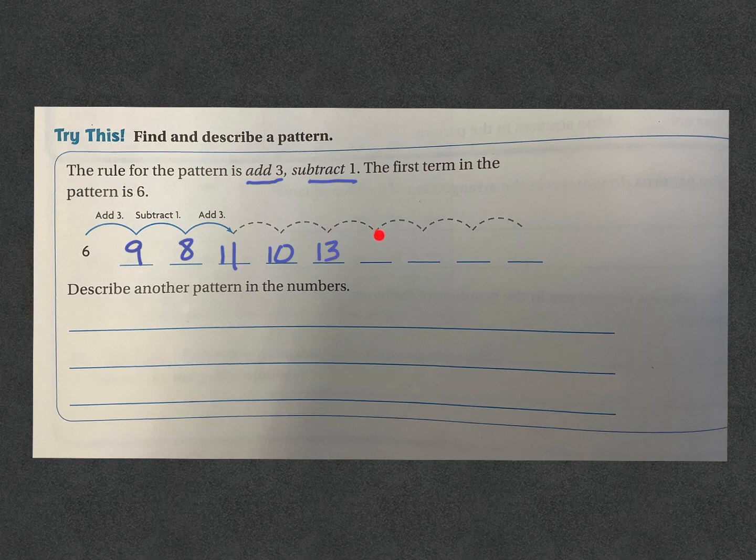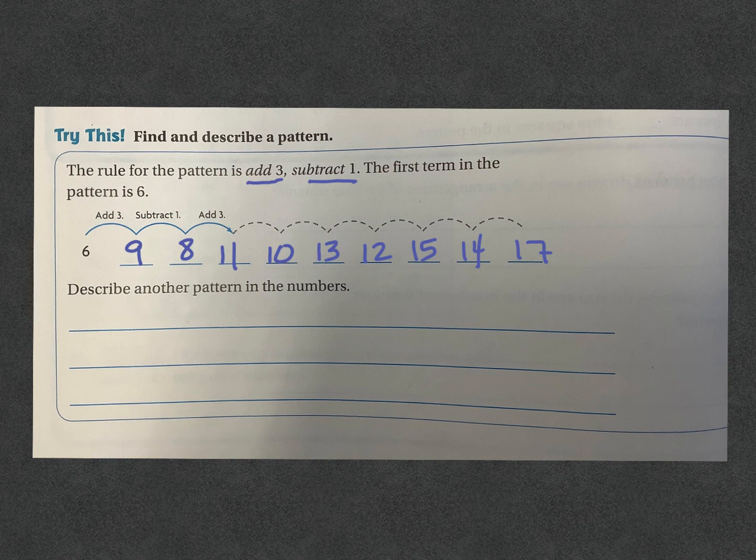Subtract 1. 13 minus 1, 12. Add 3, 12 plus 3, 13, 14, 15. Subtract 1, 15 minus 1, 14. And finally, add 3, 14 plus 3, 15, 16, 17.